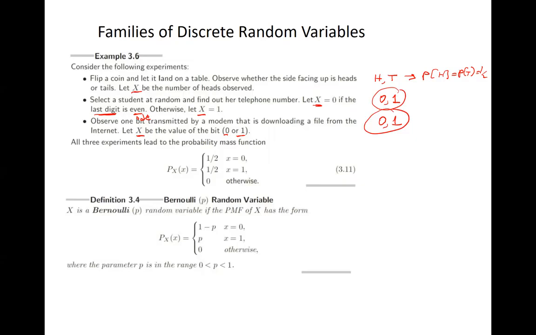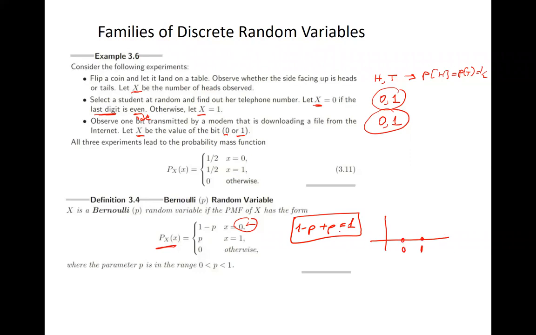Now, we define the Bernoulli random variable. A Bernoulli random variable has this PMF, you see. When the random variable takes the value of 0, the probability is 1 minus P. When it is 1, the probability is P. So the sum of this should be unity, of course. Otherwise, it is 0. So we can plot it simply. Here is 0, here is 1.